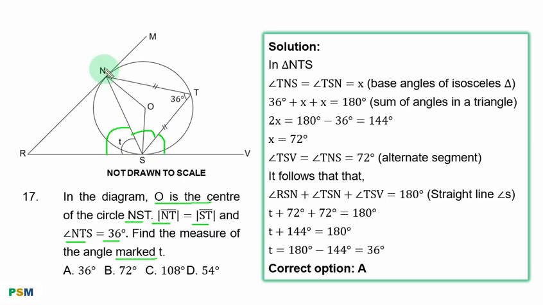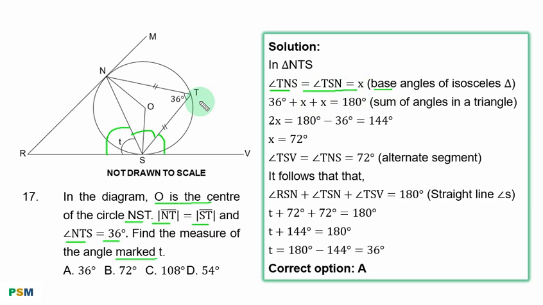Triangle NST is an isosceles triangle because NT is equal to ST, and as such the base angles are equal. So angle TNS equals angle TSN equals S, base angles.